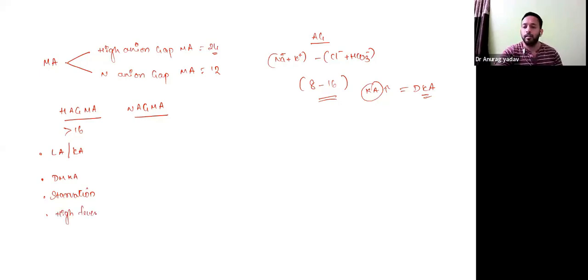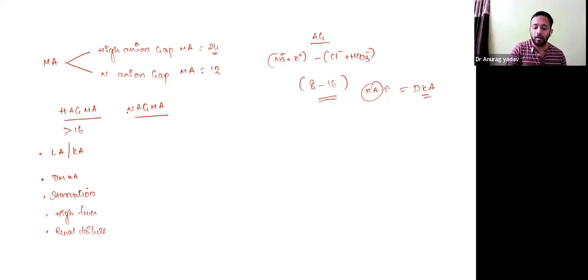Also, for example, renal failure. These are the conditions in which you will see metabolic acidosis along with an increase in the anion gap.